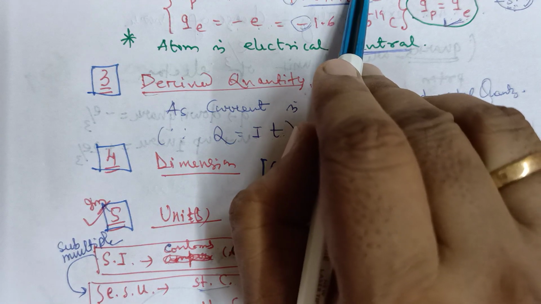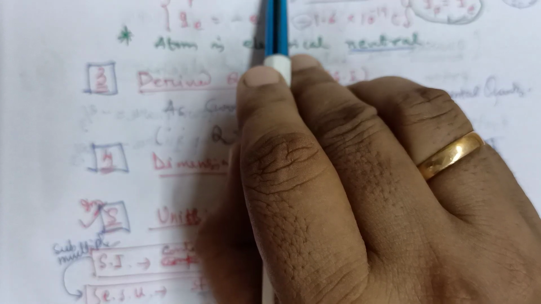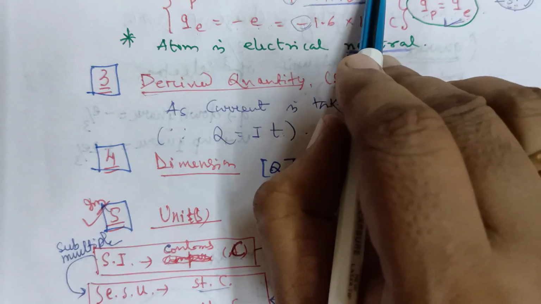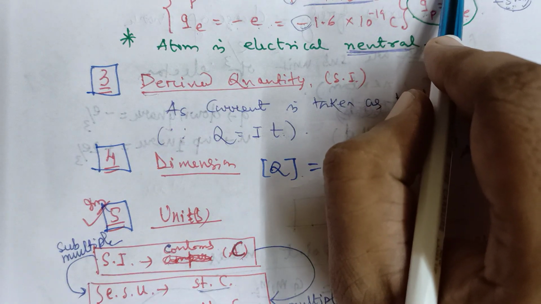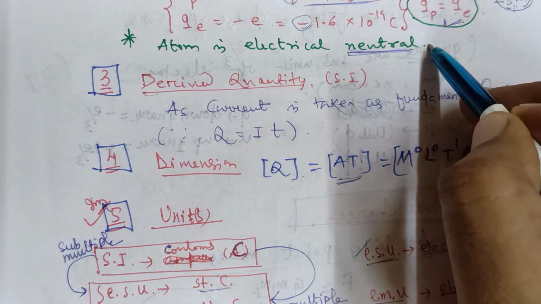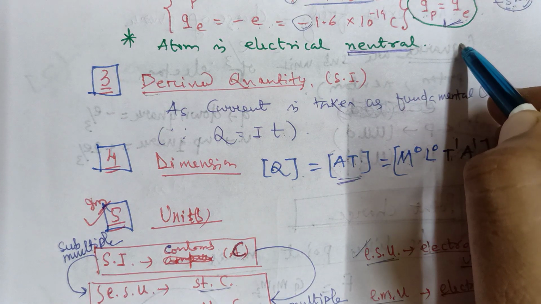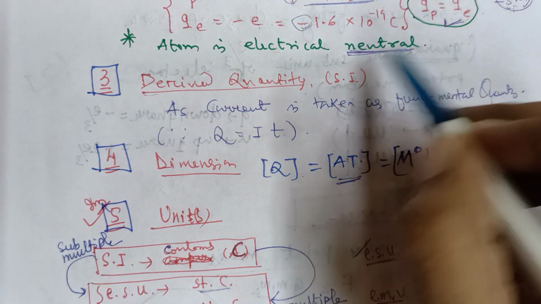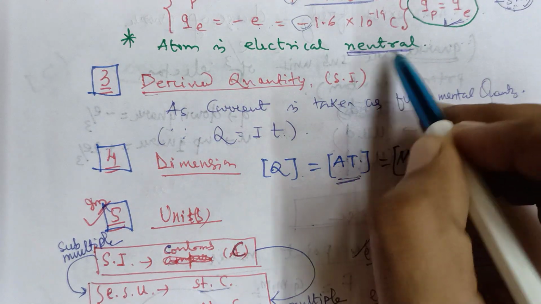When a neutral atom accepts some electrons, it has an excess number of electrons than protons. Then it is said to have negative charge. And an atom is electrically neutral because it has the same number of protons and electrons. If it has 10 protons and 10 electrons, the charges cancel out, so the atom is electrically neutral.